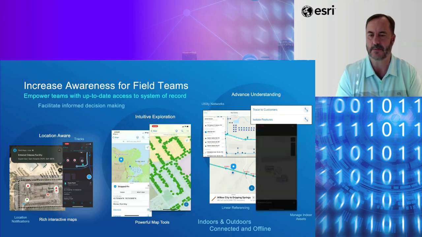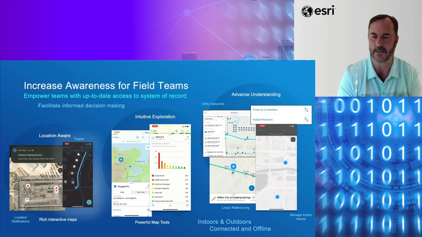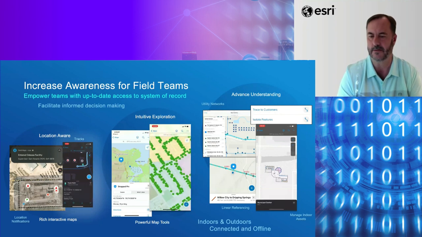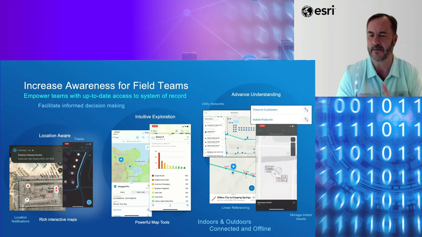And then we take maps even further inside of our mobile applications. With Field Maps, there's a concept in GIS called a utility network. So you can model the behavior of the way that the different assets work together inside of a system.